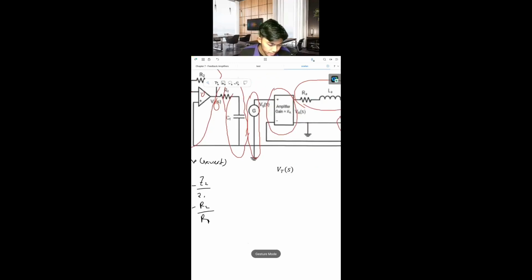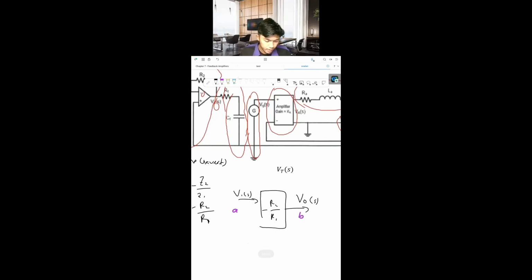For Z2 we have R2 and R1. Why we put negative is because the V in and V out is connected to the negative OM. So we continue to draw the block diagram. V in as negative R2 over R1. Okay, we label it with A and B so that it make us easier to draw the overall block diagram.